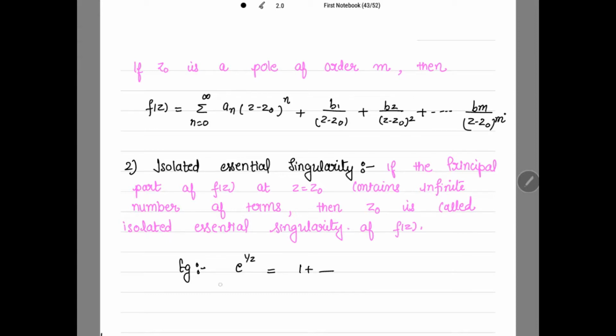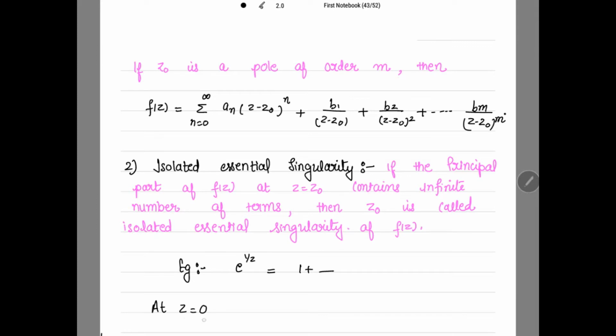The points where the function becomes infinite, or is not defined, or is not analytic are the singularities or singular points. Now at z equal to 0 the function is not defined, or is infinity, right? So z equal to 0 is my singularity for this function.